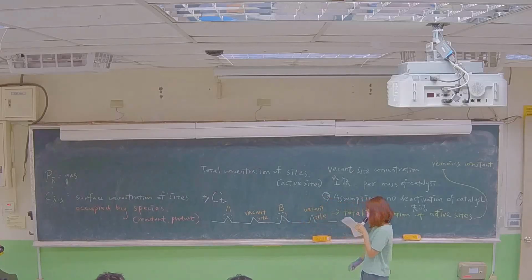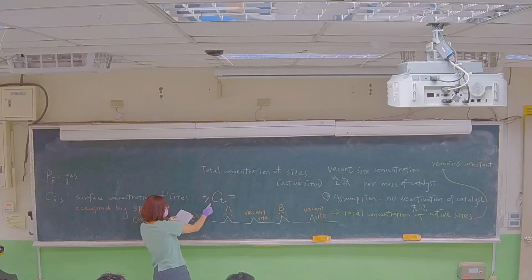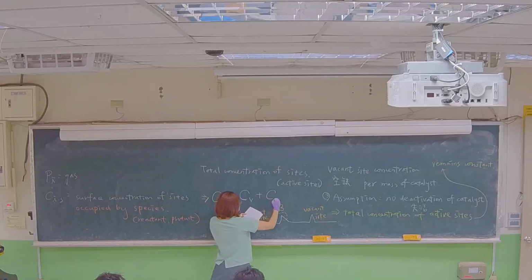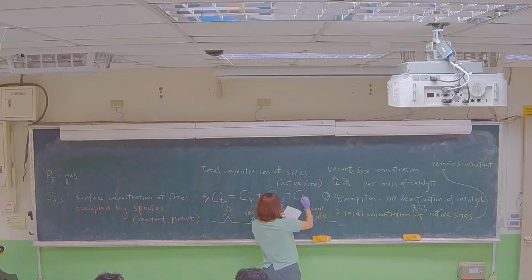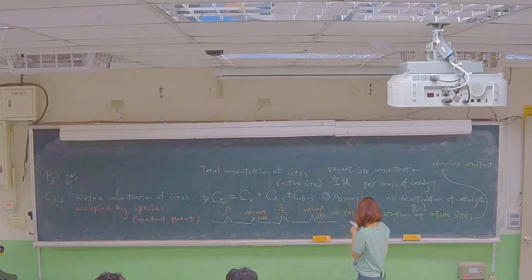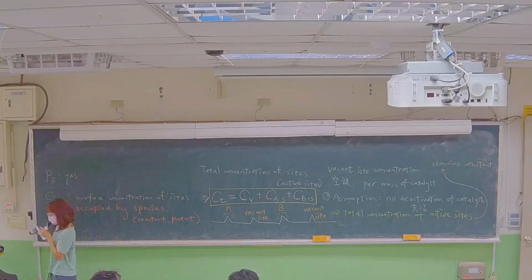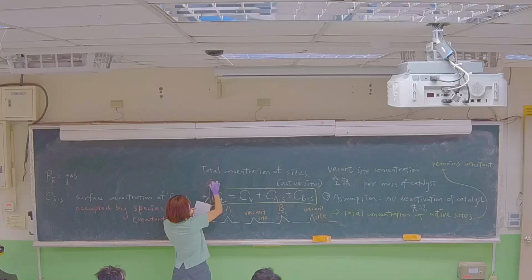So what is CT? The total concentration of sites is the vacant site concentration plus the concentration of sites occupied by A and by B. So please write this down. It is important. We will use this for every calculation. Also, we call it the site balance.